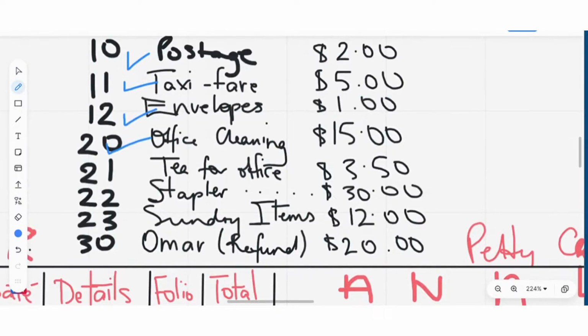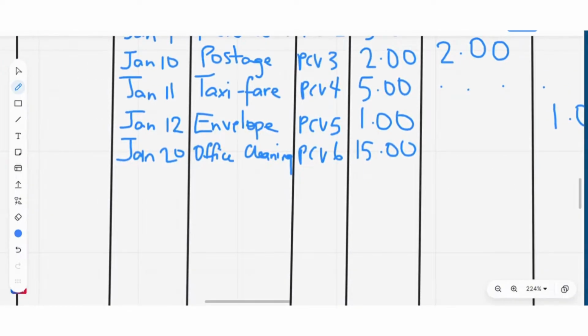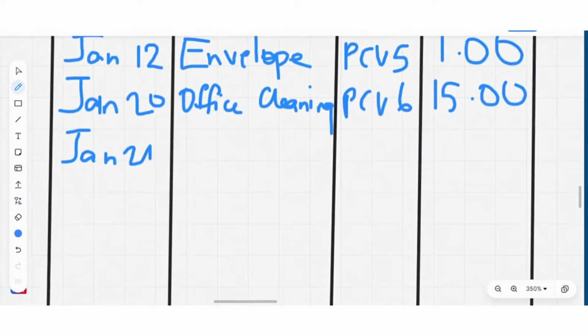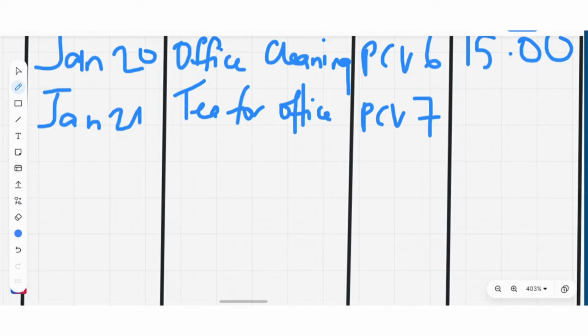On the 21st of January, tea for the office, amounting to $3.50. So January 21st, right? Let's say tea. Petty cash voucher number 7.